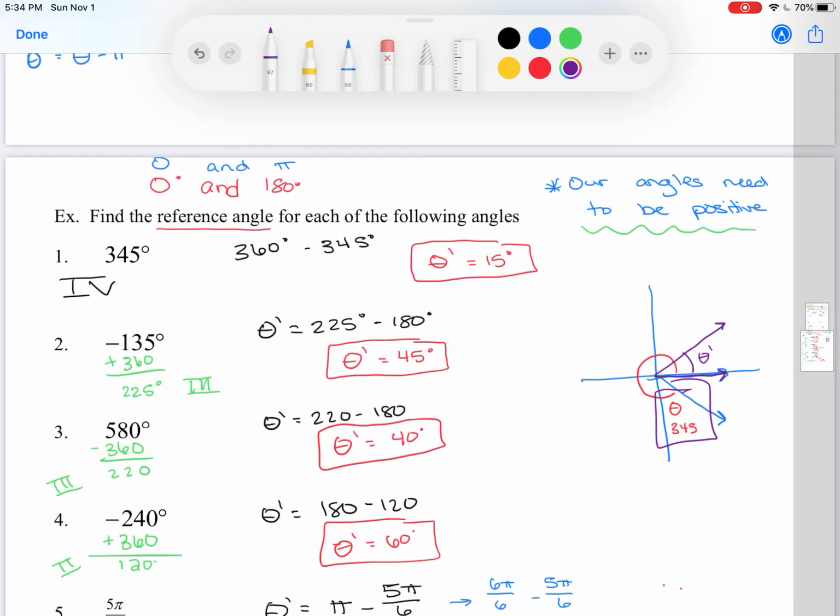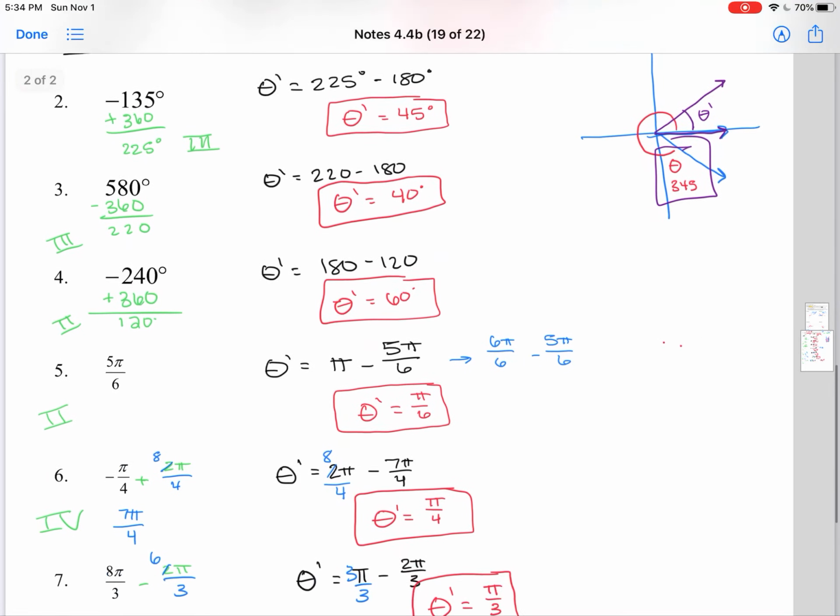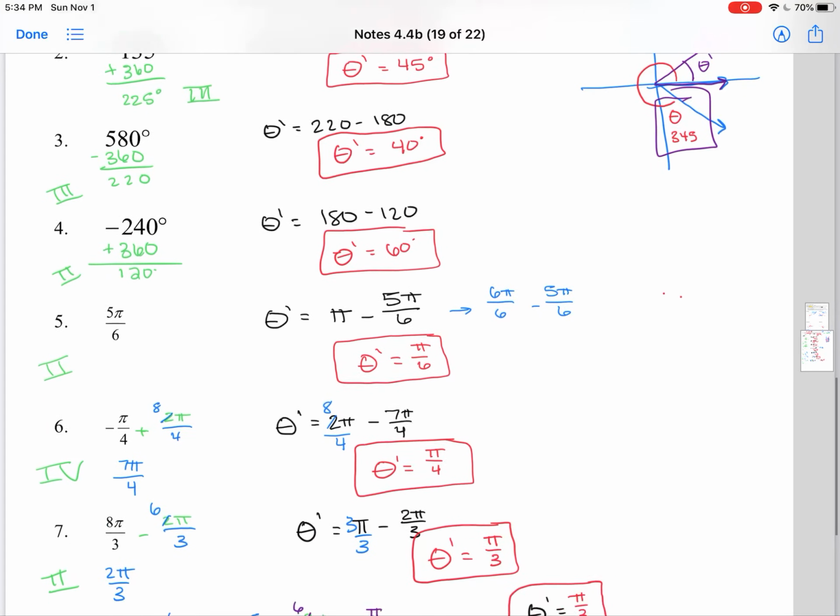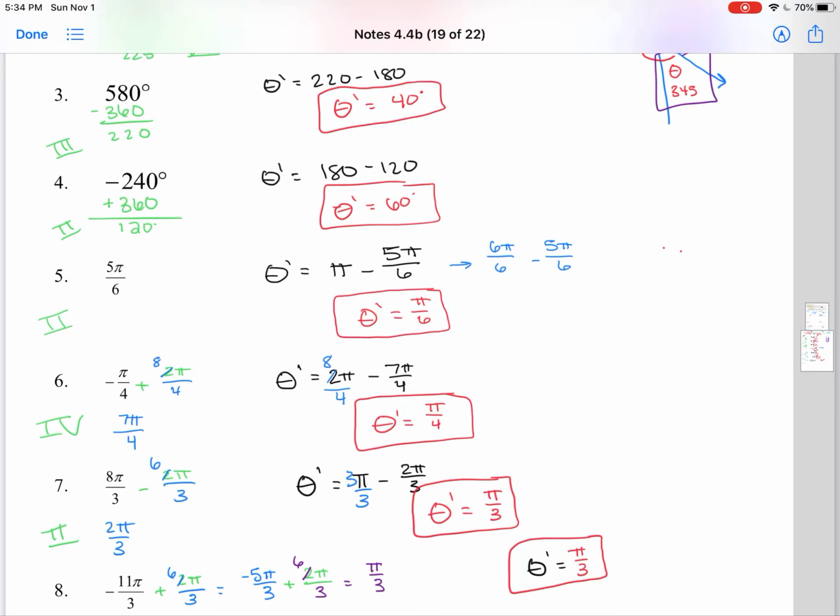By knowing that that first quadrant is technically 15 degrees, I would be able to use the information about that 15 degrees to tell me the information I need about 345. And vice versa. If I know 345, then I will also know my 15 degrees because they are reference angles to one another.